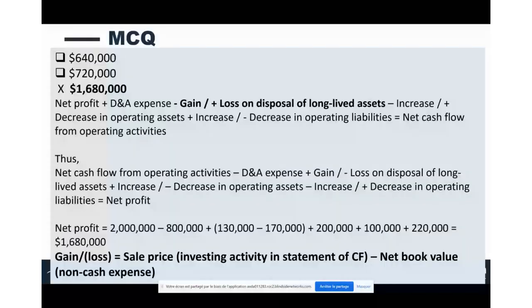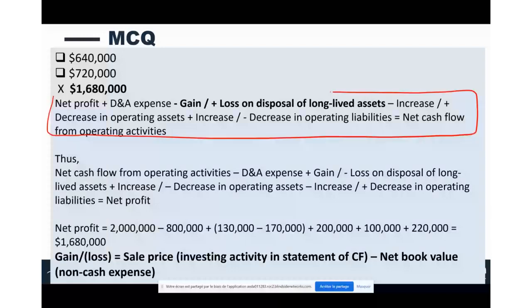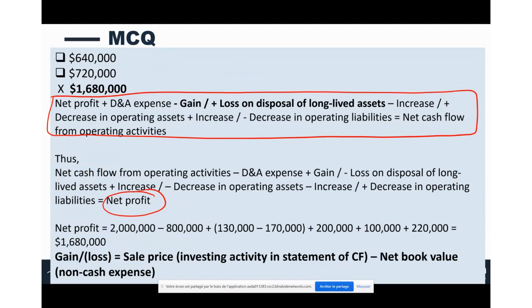So we can use the normal calculation with the indirect method from net profit to operating cash flow. And now we do the reverse. On the right side of the equation, we have the operating cash flow. On the left side, we have the net profit and step 1 and step 2. And now we reverse and we keep the net profit on one side and all the rest on the other side of the equation.